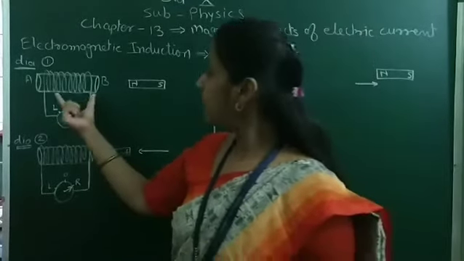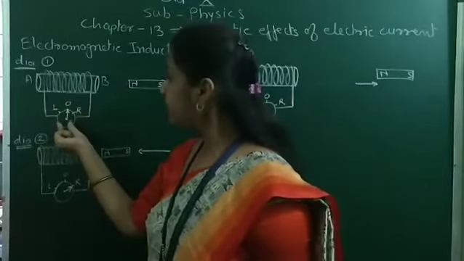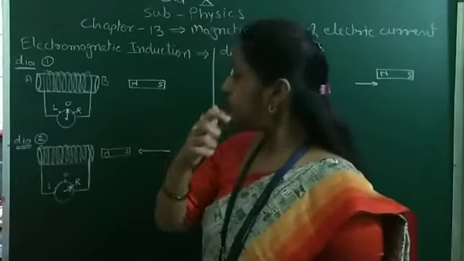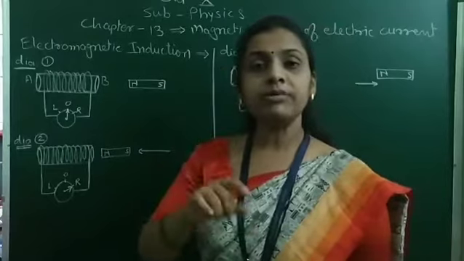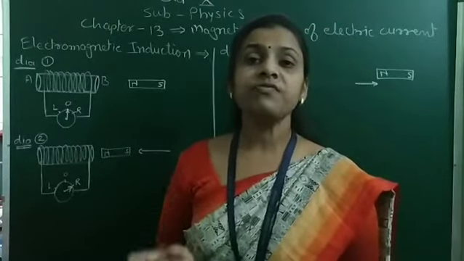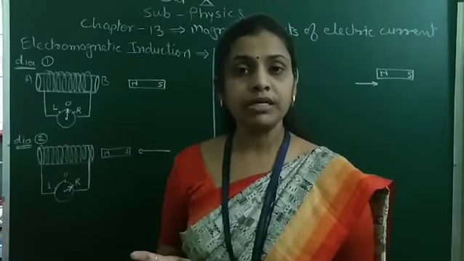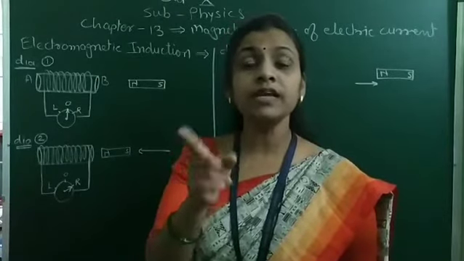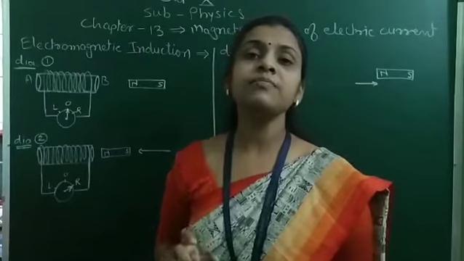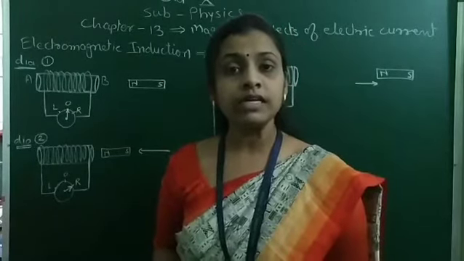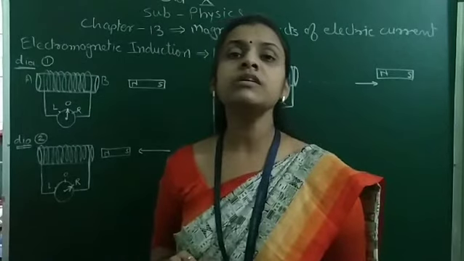So the two ends of that coil are connected to a galvanometer, and in the galvanometer there is a needle which gets deflected. Whenever the needle deflects, it indicates the presence of current, and the direction of deflection of the needle shows the direction of current.